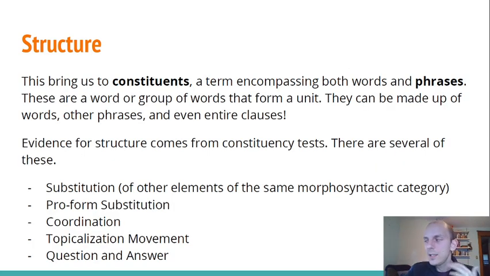And so for this, we introduce a new battery, a new set of tests. These are called constituency tests, and we're gonna go over 5 of them. Substitution, proform substitution, coordination, topicalization and movement, and question and answer. And these are tests that you can perform on some strings of words to see if they count as a constituent or not, because not all strings of words are constituents, just some of them are, right?